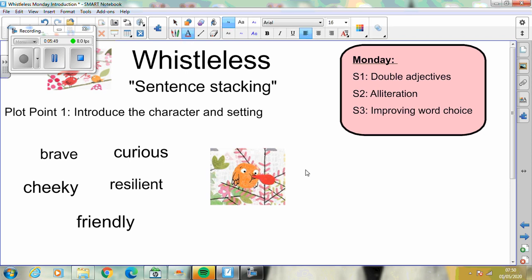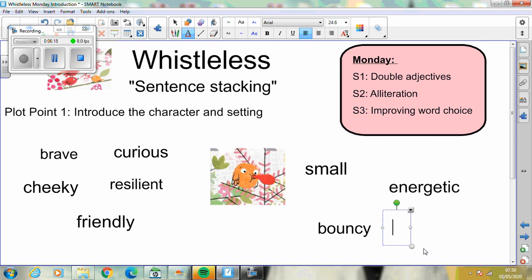But if we think about what he looks like, he's small, he's energetic. The way he moves, he's quite bouncy. And if I'm imagining now, if I'd actually seen Whistleless perhaps in real life, I was thinking, what would he look like if he flew into my garden?